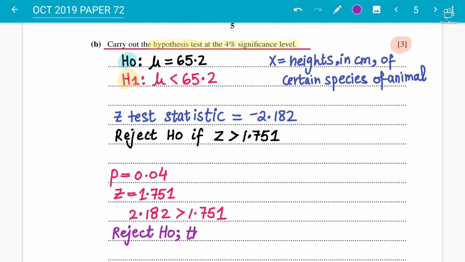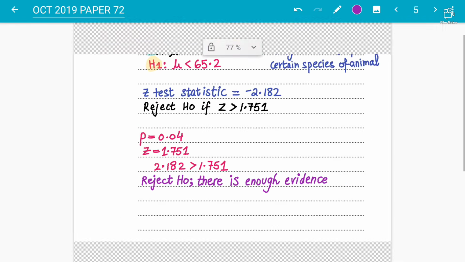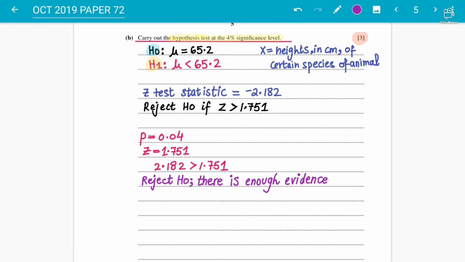There is sufficient evidence. Reject H naught: there is enough evidence that the mean height of the animals is shorter. The alternative hypothesis is accepted.